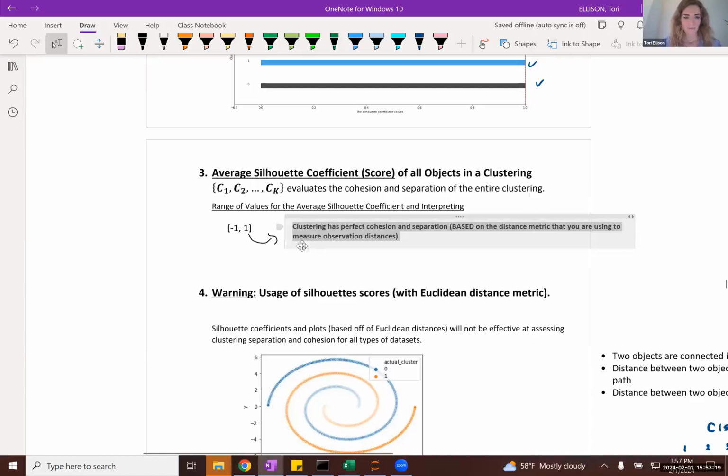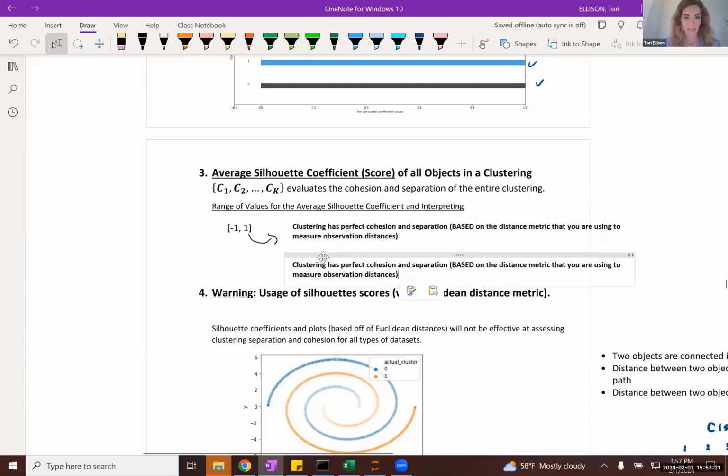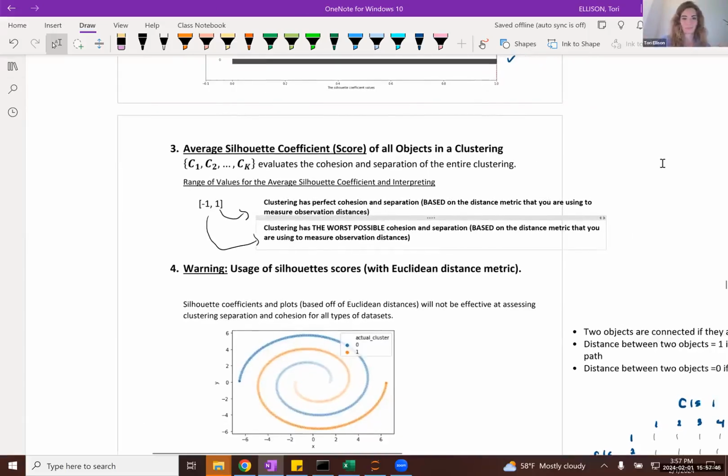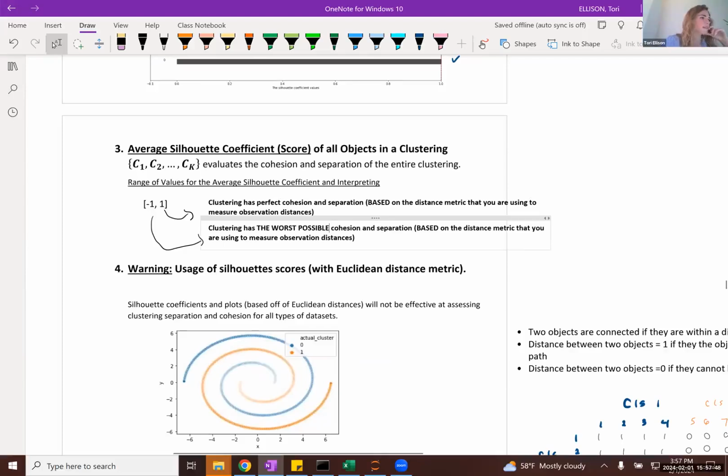And naturally, if you get an average silhouette score of -1, then what we might guess is that this corresponding clustering has the worst cohesion based on the particular distance metric that you're using. Okay. All right. Any questions on that?